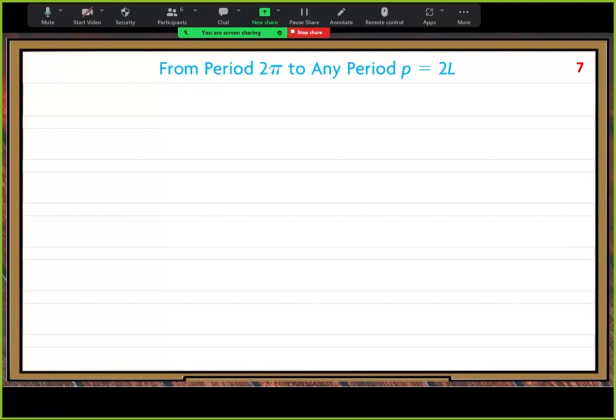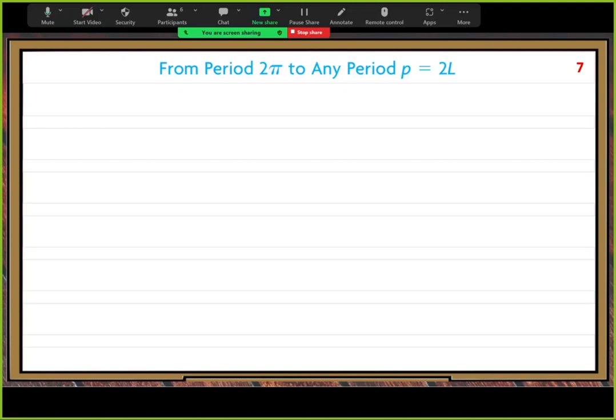The center is at 0, then on the left-hand side you have L, half of the period, and on the right-hand side another half of the period. Left L, right L, symmetric. So it's for convenience.